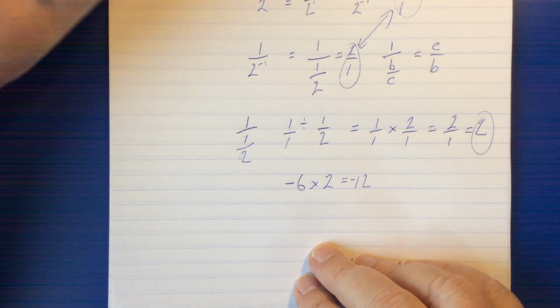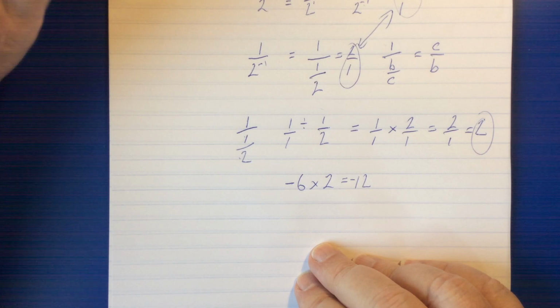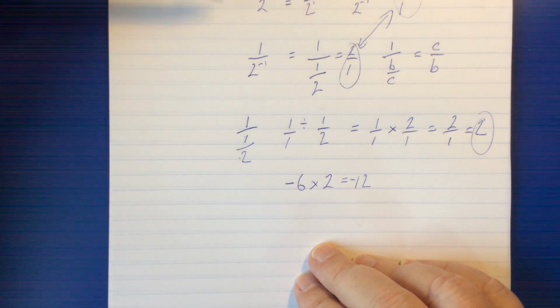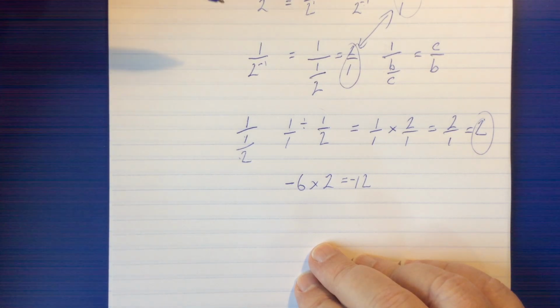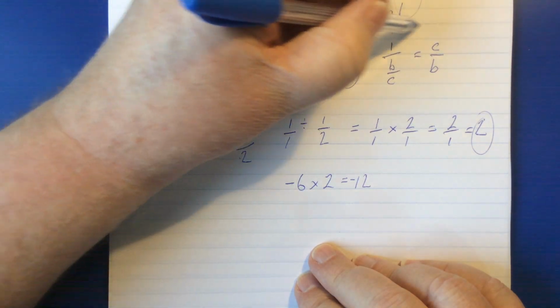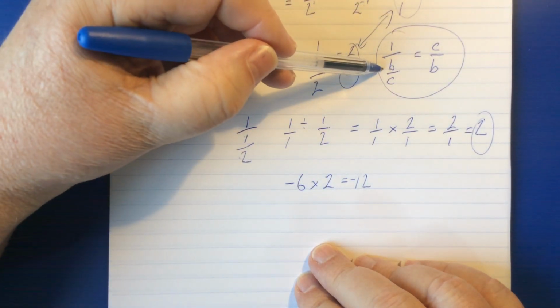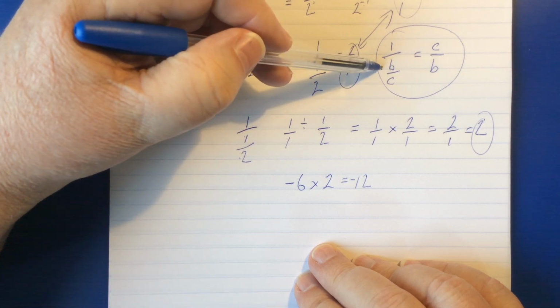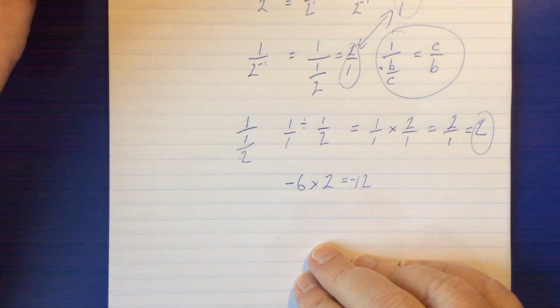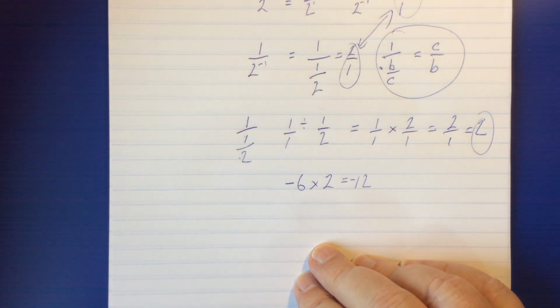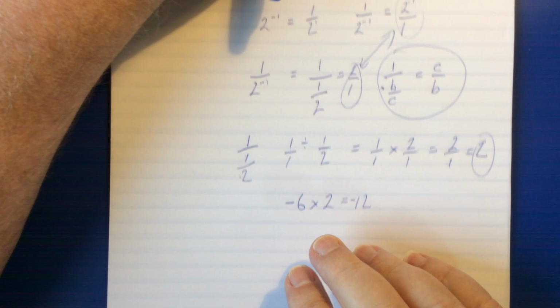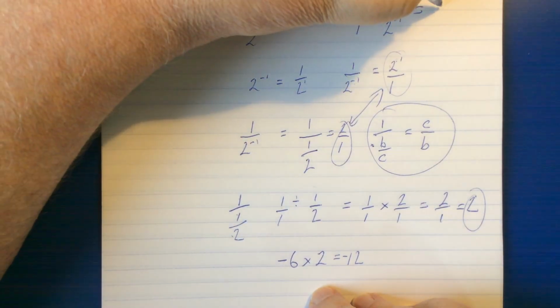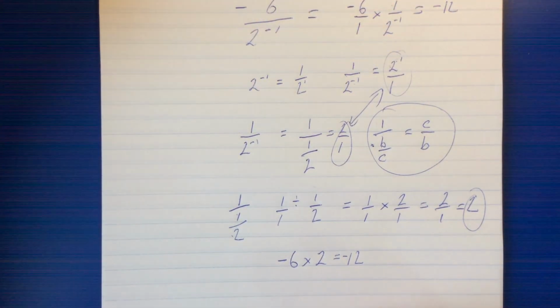For those of you who know what you're doing, it's fine. For those of you who've seen this for the first time, it just adds more confusion. But there's a video in the channel on this precise sort of problem. You can have a look at that. Suffice it to say that the answer to this is negative 12.